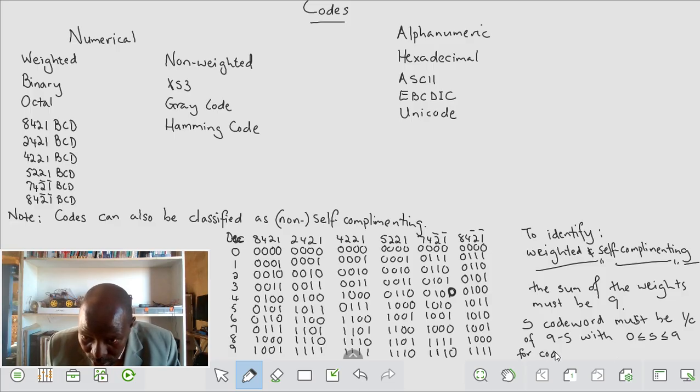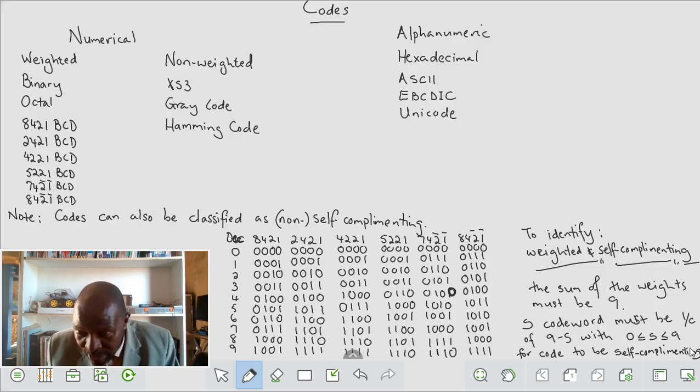Now this does not mean only weighted codes. Any code.